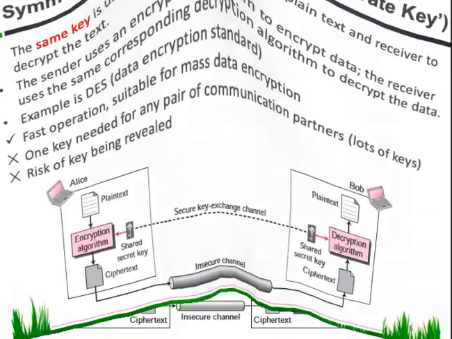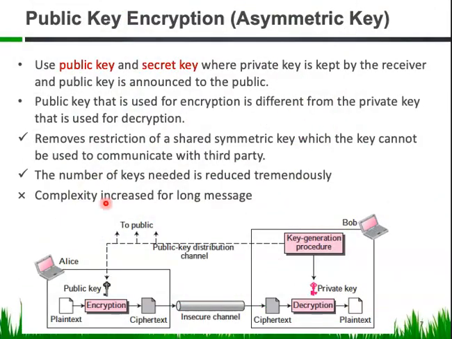Moving on to the next slide, which is public key encryption, or asymmetric key. Recall that for symmetric key, for a community with a population of 1 million, symmetric key will require 500 million shared secrets, as opposed to asymmetric key cryptography, which will require 1 million personal secrets.